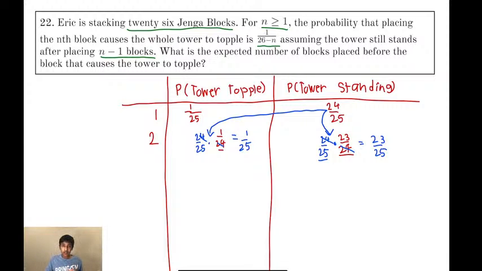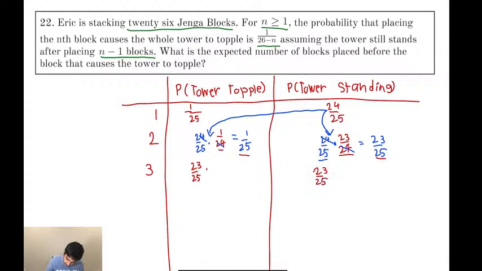Okay, so as you can see, we have 24 over 25 times 1 over 24 for the tower toppling, and 24 over 25 times 23 over 24 for the tower remaining standing. What about the third block? The probability that both the first and second blocks remain standing is 23 over 25.